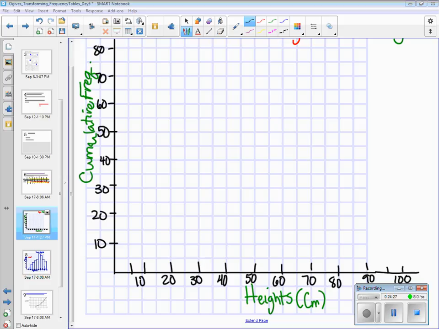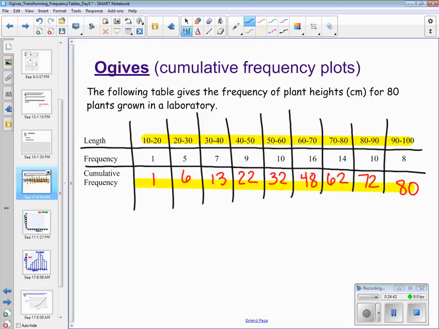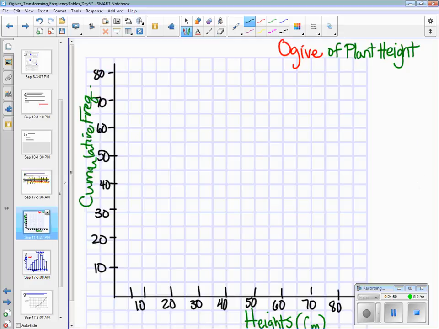You're actually going to be doing points this time, not bars. A cumulative frequency plot looks more like a line graph than it does a bar graph. There's no bars. And we're going to be measuring or writing down these cumulative frequencies. So we're going to start at 1. I'm going to make my dots red.